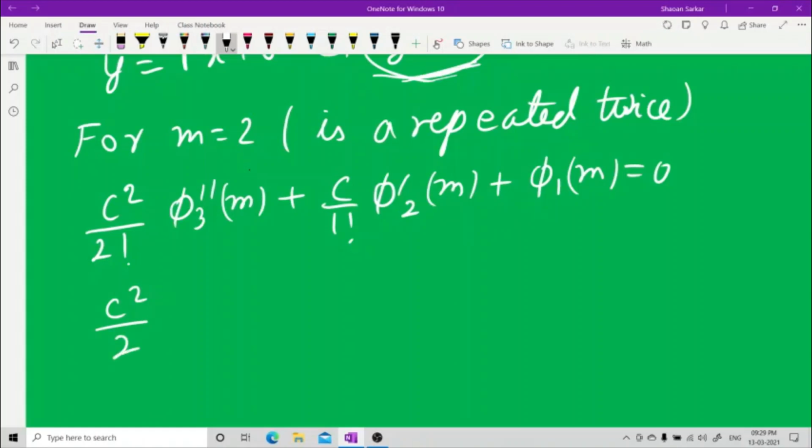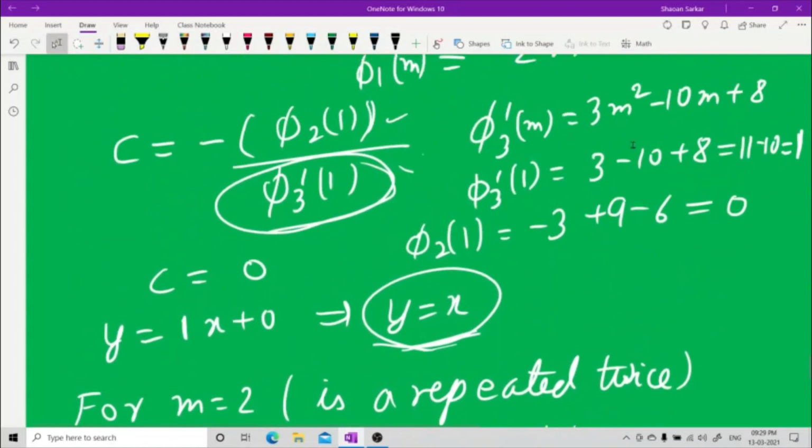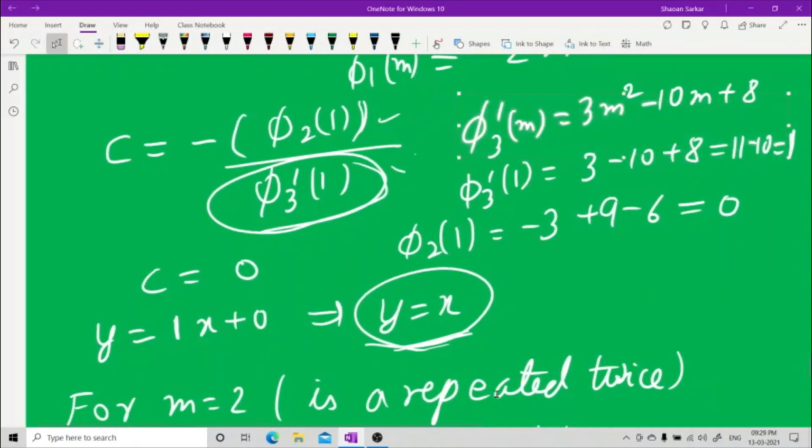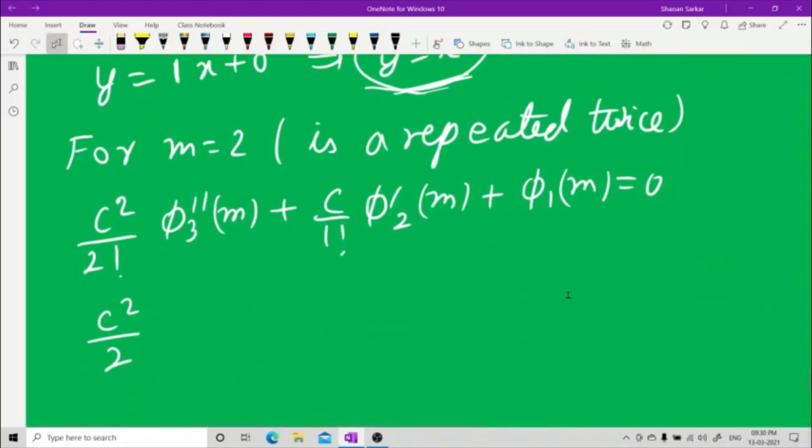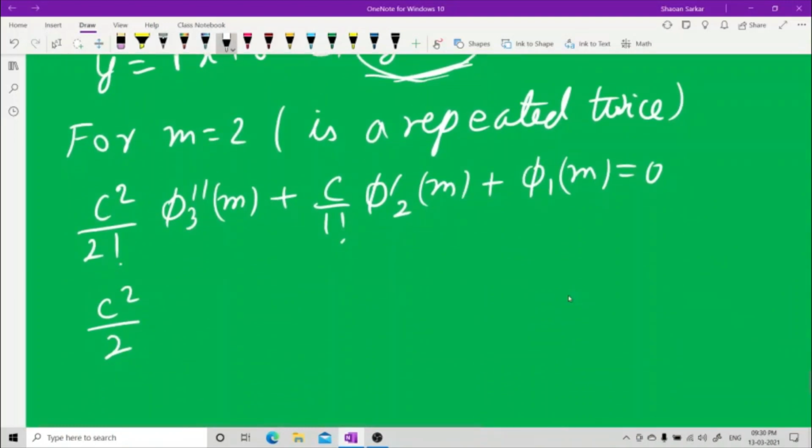Now double differentiate this. Then you will get phi 3 double dash m is 6m minus 10.